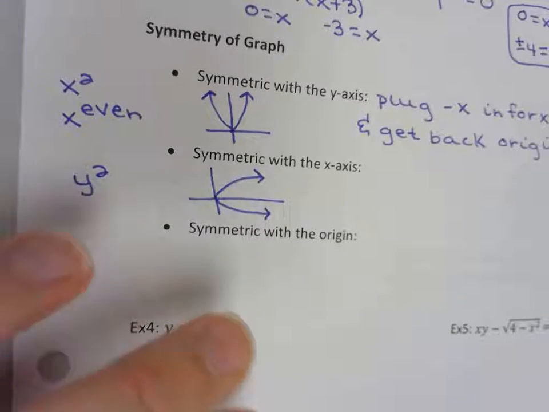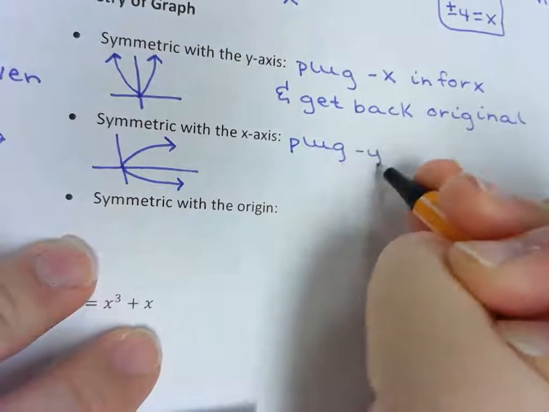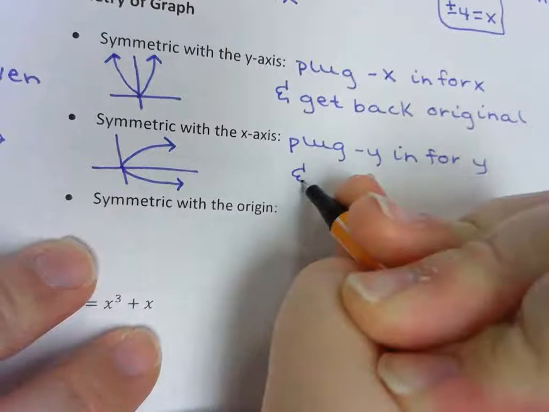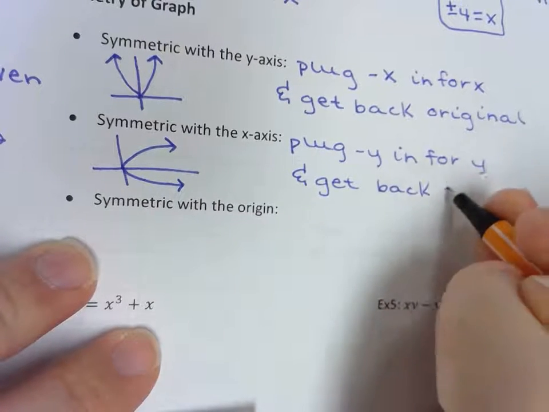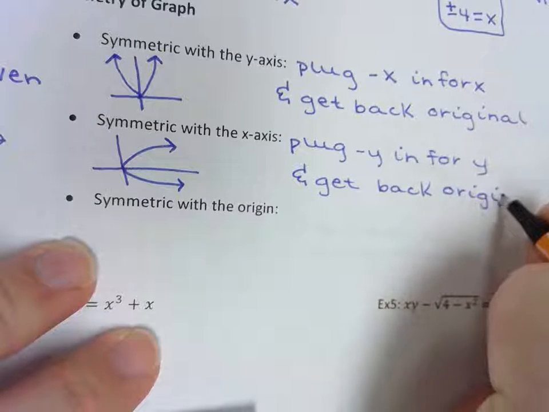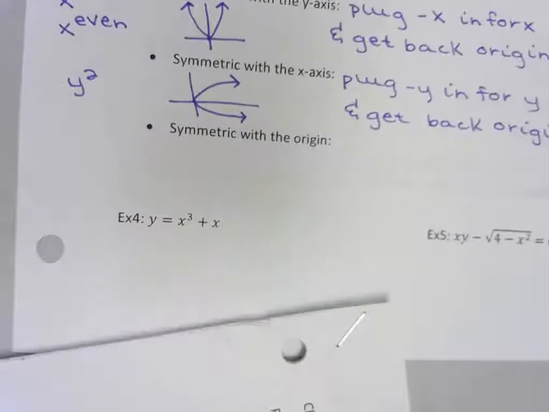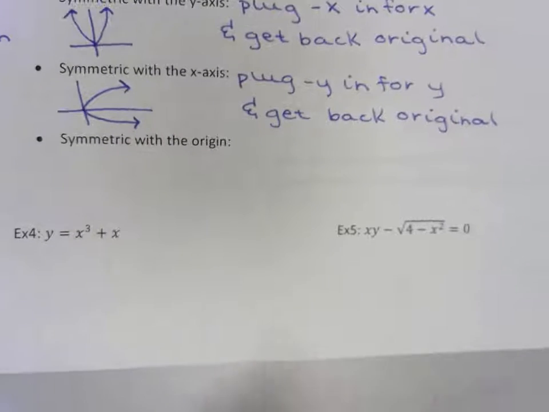So the way you find that is you plug a negative y in for y and get back the original. Okay, so kind of the opposite. Instead of plugging in a negative x and getting back the original, you plug in a negative y and get back the original.